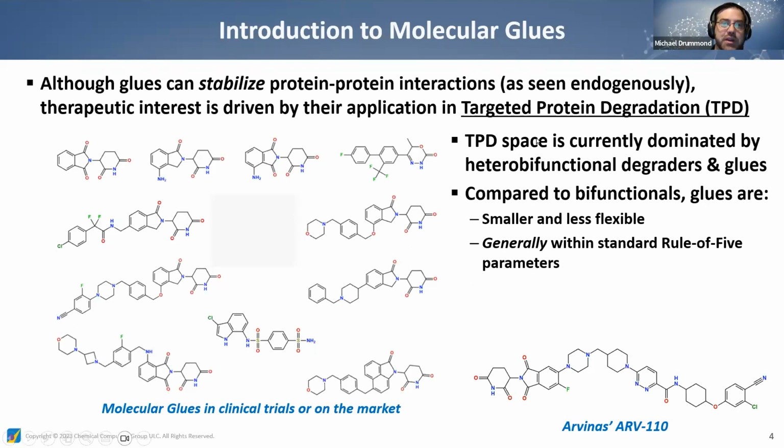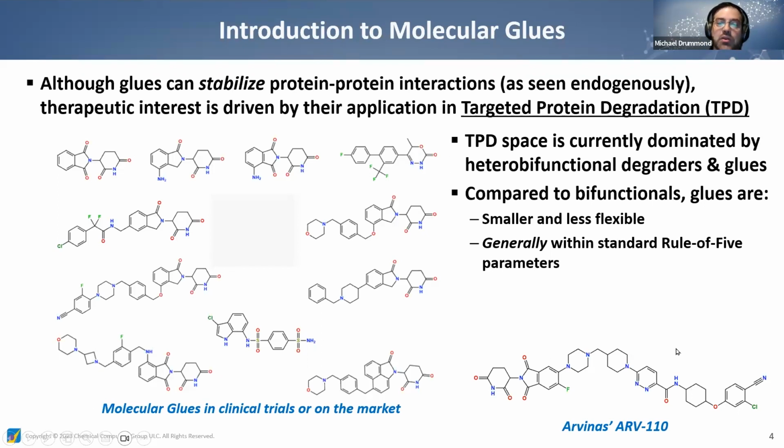Today, targeted protein degradation, or TPD, is dominated by heterobifunctional degraders, such as this PROTAC, Arvinas ERV110, shown down here at the bottom, as well as molecular glues. And over here on the left, I've shown molecular glues that are either on the market or currently in clinical trials. And if you compare this set of molecules to this one over here on the right, you can see why we're interested in glues.